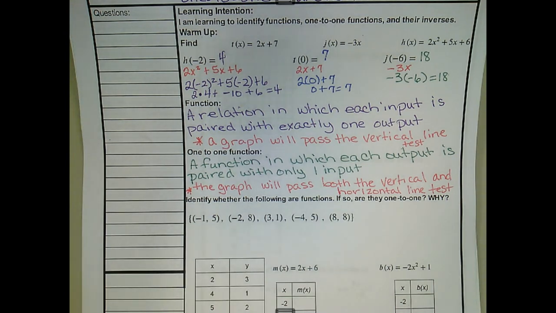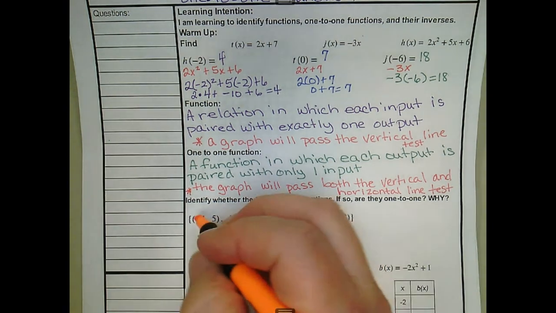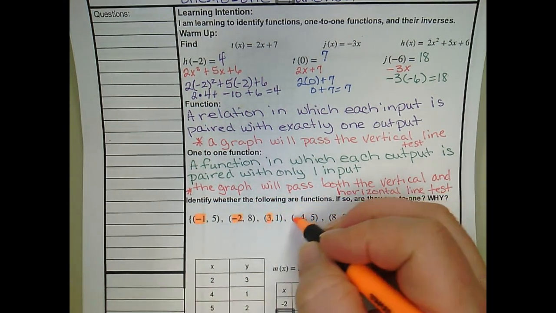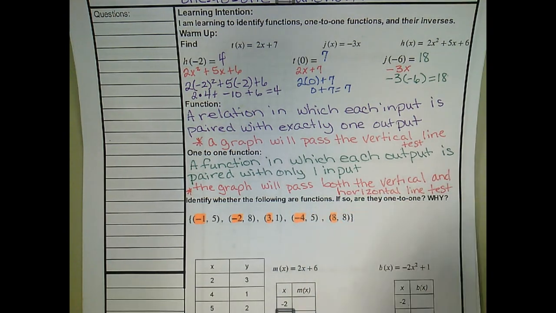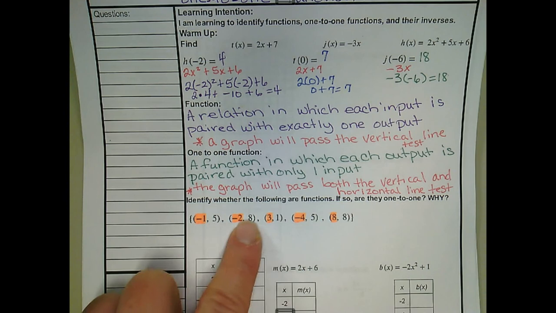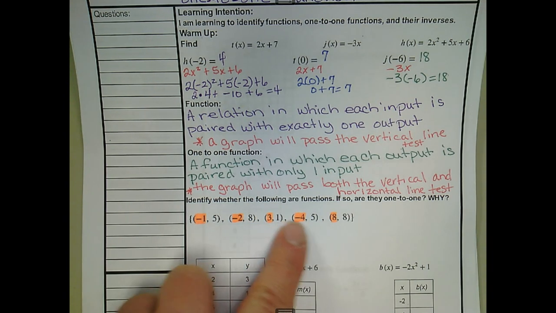So what I'm looking at for the function alone is that first letter, or first number here. Okay, -1, -2, 3, -4, and 8.